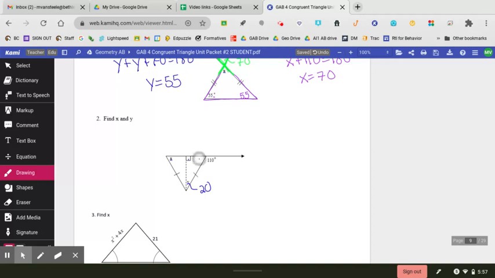And that means that this angle down here is 90. No, not 90, sorry. Bad arithmetic on my part. 70. And therefore, x is also 70 because it's opposite congruent sides. And hopefully you notice that these two triangles are congruent then as well.